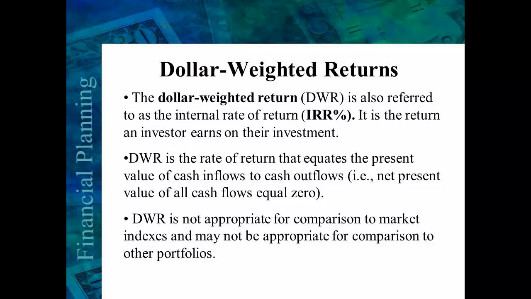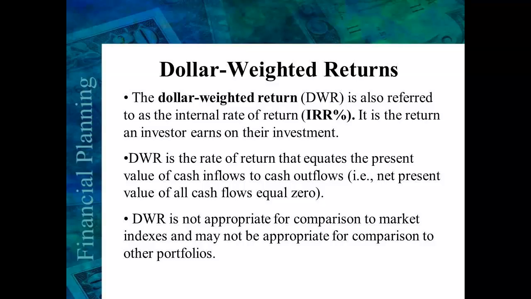The dollar-weighted return, DWR, is also referred to as the internal rate of return. It is the return an investor earns on their investment. As you learned in Business 591, the internal rate of return equals the present value of cash inflows to cash outflows, i.e. the net present value of all cash flows equals 0.